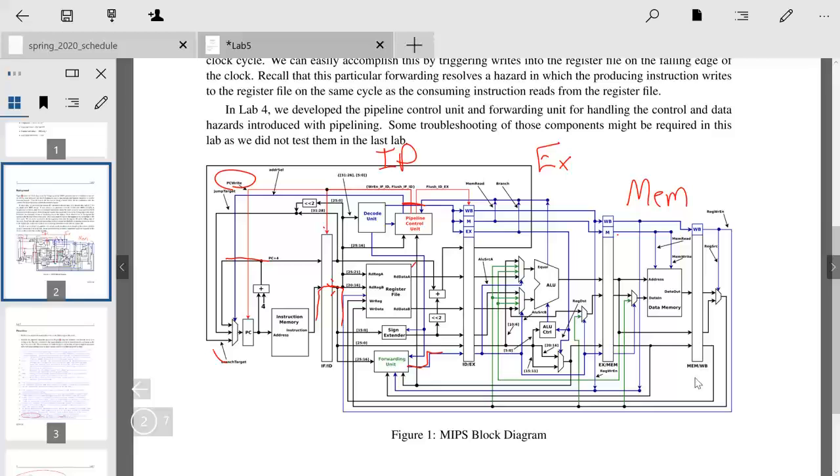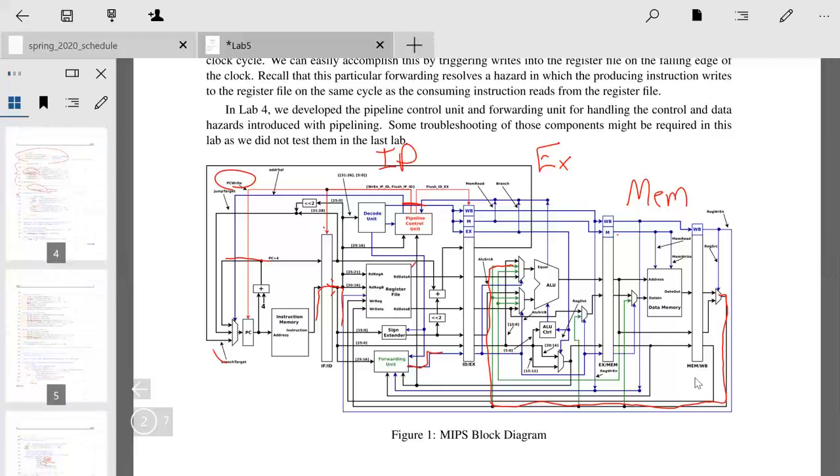I colored the forwarding paths in green. So this is a forwarding path, and it's this one right here. Okay, so it's forwarding data from the write back stage. If you remember that, that's 2 stages ahead of us.